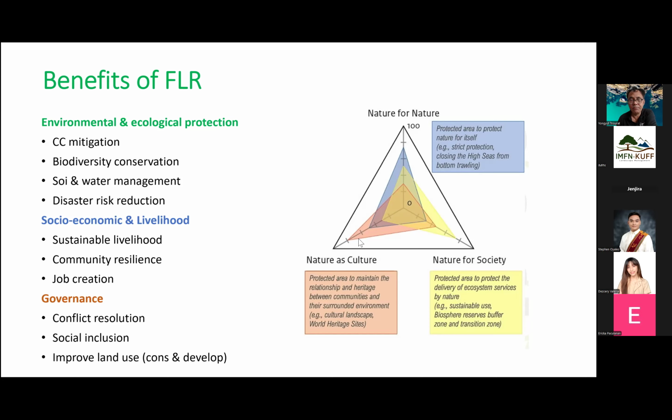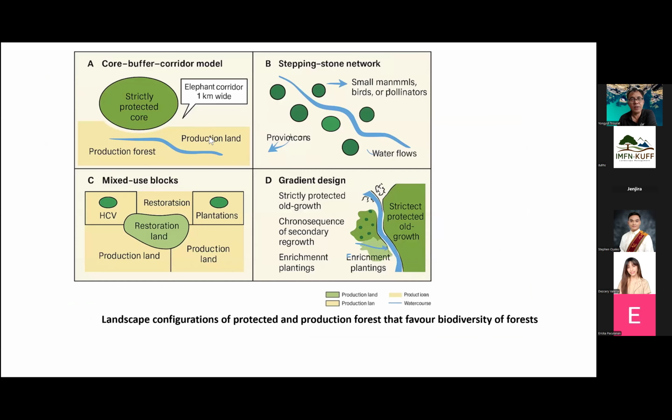If we have indigenous people or local people living in the area for several generations, coexisting with nature, with some belief and spiritual practice, this objective is promoted. And the other one is nature for society, which is oriented to economic development, where people can gain more benefit. The proportion of the social benefit is much more than in nature for nature.